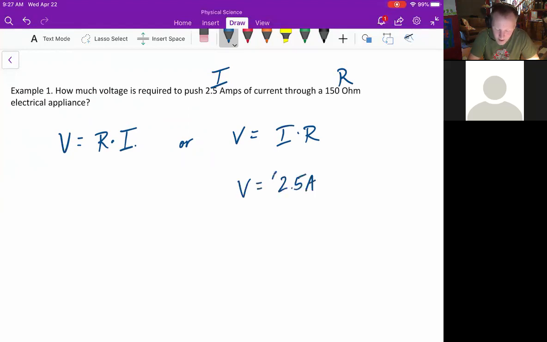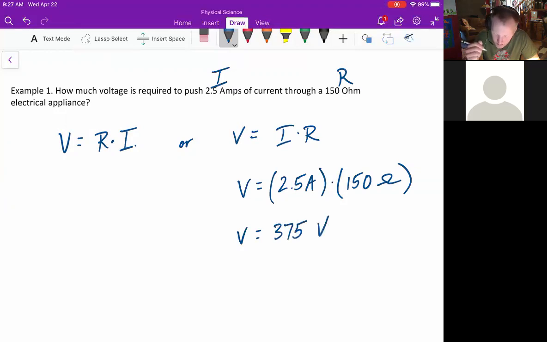So 2.5 amps times 150 ohms. Multiplying those together gives me 375 volts. When I multiply them together and get voltage, I am looking at volts. Pretty easy.